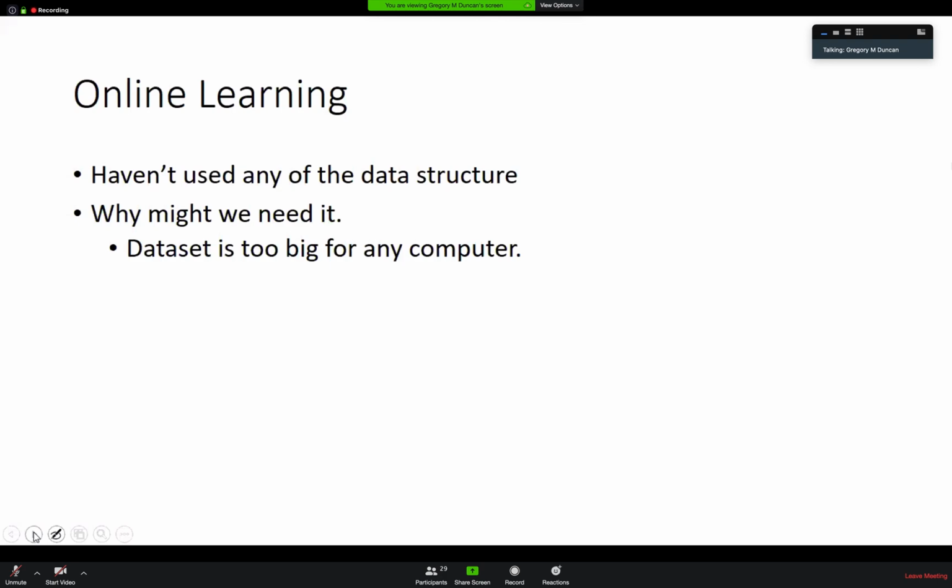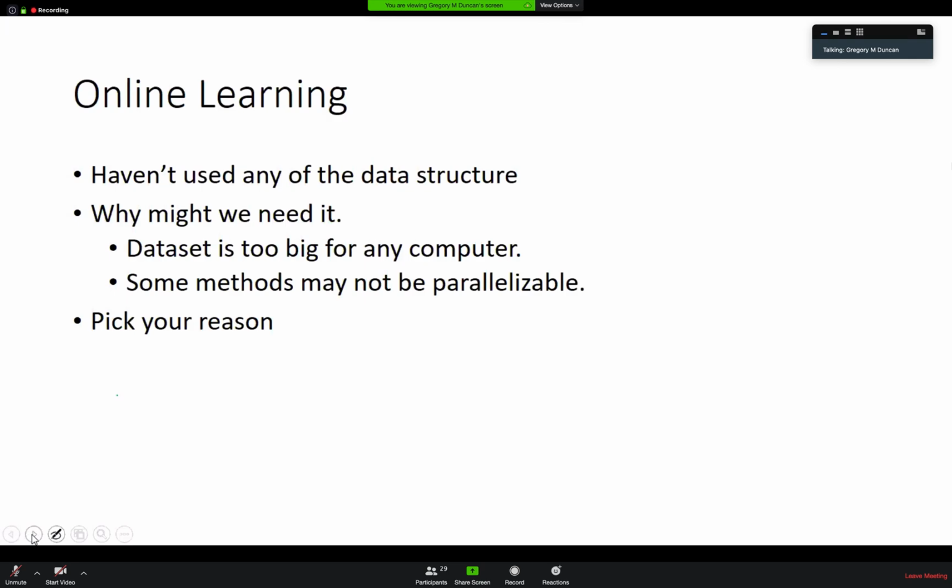On the same token, you don't want to ignore those data either. Turns out some methods aren't parallelizable, and so if you can't get the data set into the computer, you're really kind of dead. You can't even do the optimization at all.